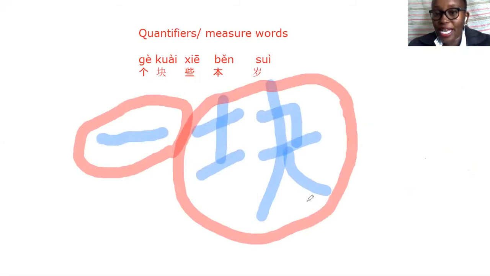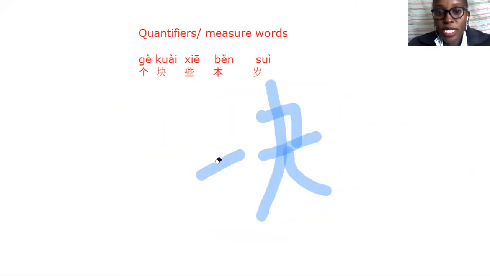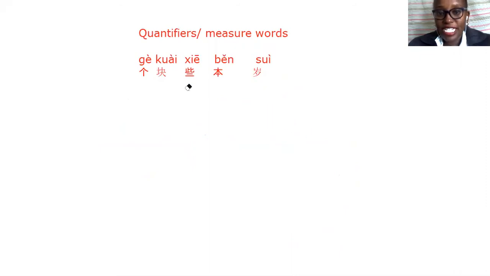Then we have another measure word here, which is the word 些. This measure word 些, we mostly will use it with words like 这, so we'll say 这些, or the word 那.